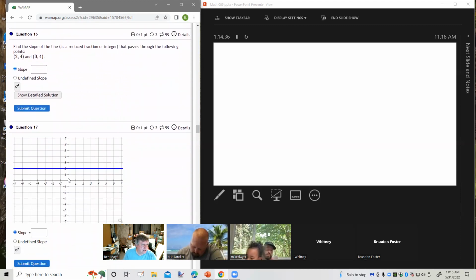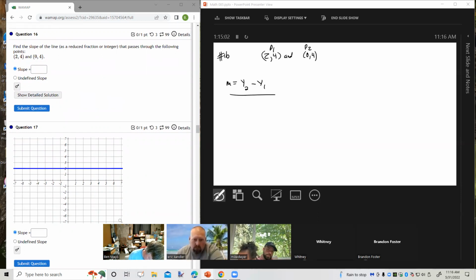Number 16. Find the slope of the line as a reduced fraction or integer that passes through the following points. Okay, so number 16, we've got the point (2, 4) and (0, 4). This is point 1, this is point 2, so m equals y sub 2 minus y sub 1 over x sub 2 minus x sub 1.